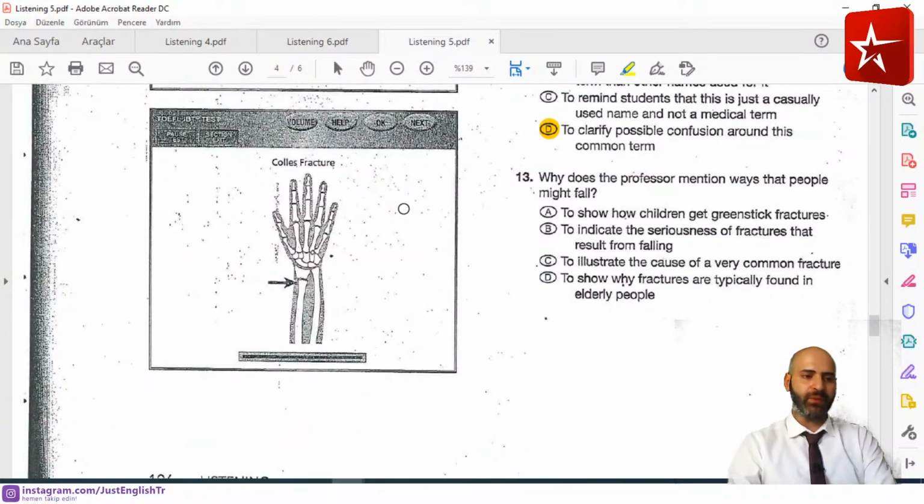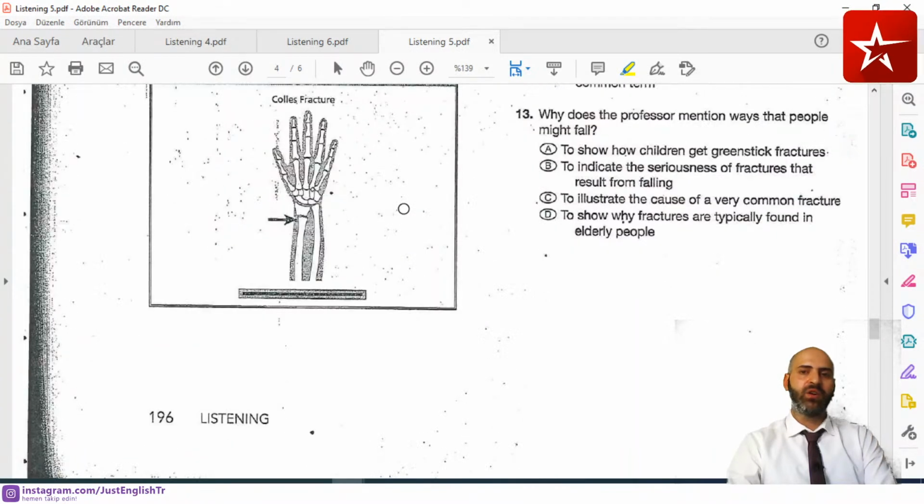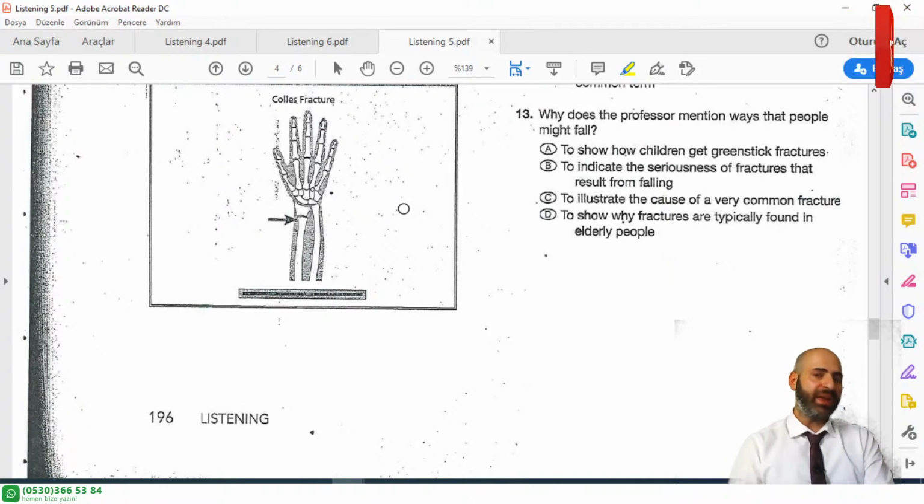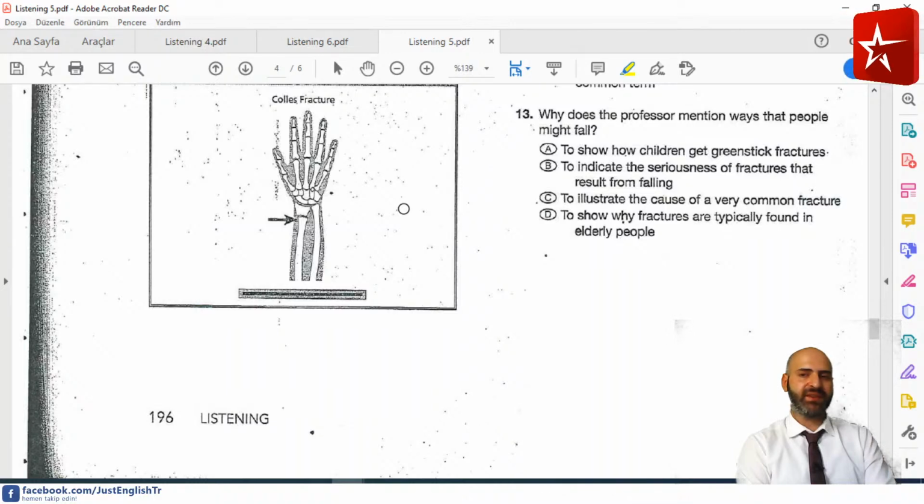Question number 13. We have got something like this. Why does the professor mention ways that people might fall? A. To show how children get green stick fractures. B. To indicate the seriousness of fractures that result from falling. C. To illustrate the cause of a very common fracture.